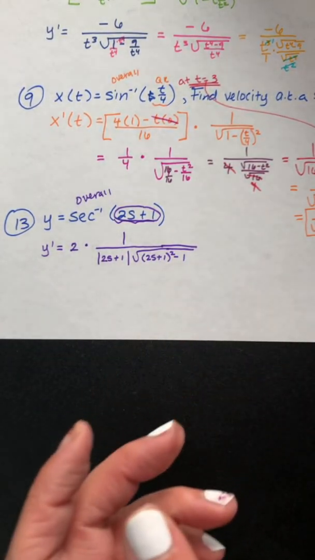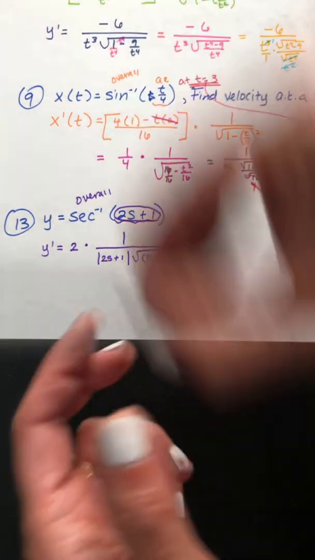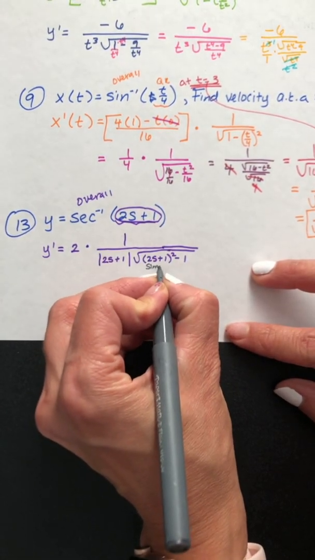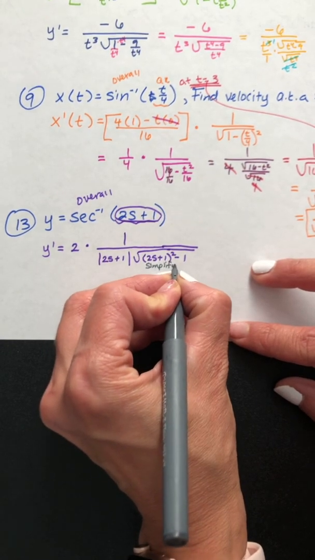All right, so we have some simplifying we're going to have to do, like that 2s plus 1 quantity squared. We need to simplify that. That means we need to multiply it out, FOIL it out.